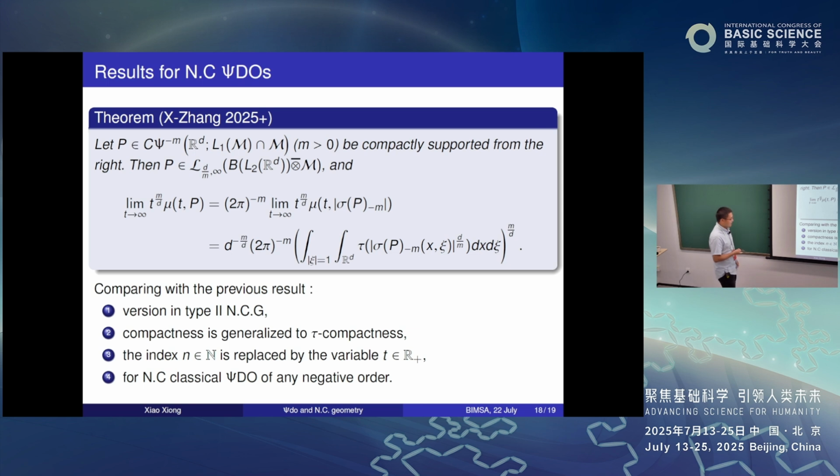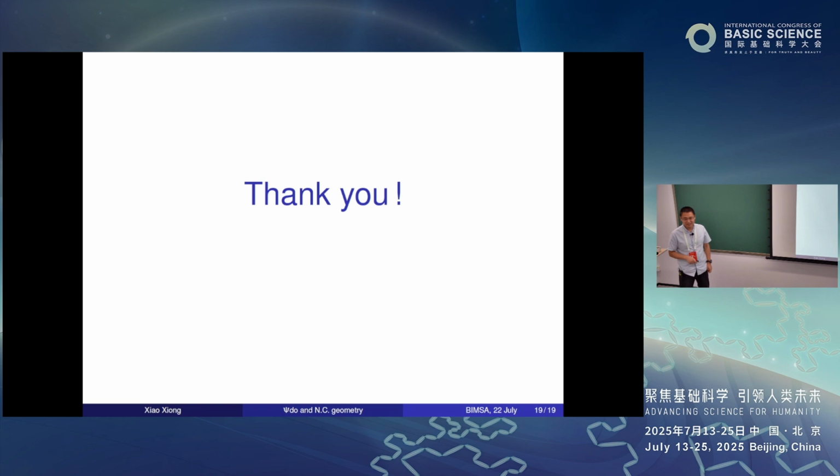And also here, this P is not assumed to have any ellipticity. We just need it to be of negative order. Okay, so I stop here. Thank you very much.